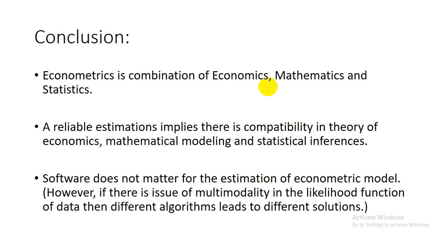This is what I have proved: the likelihood function of financial time series has multimodality. Therefore, they have multiple estimates for the same data set, because most of the algorithms have limitations.